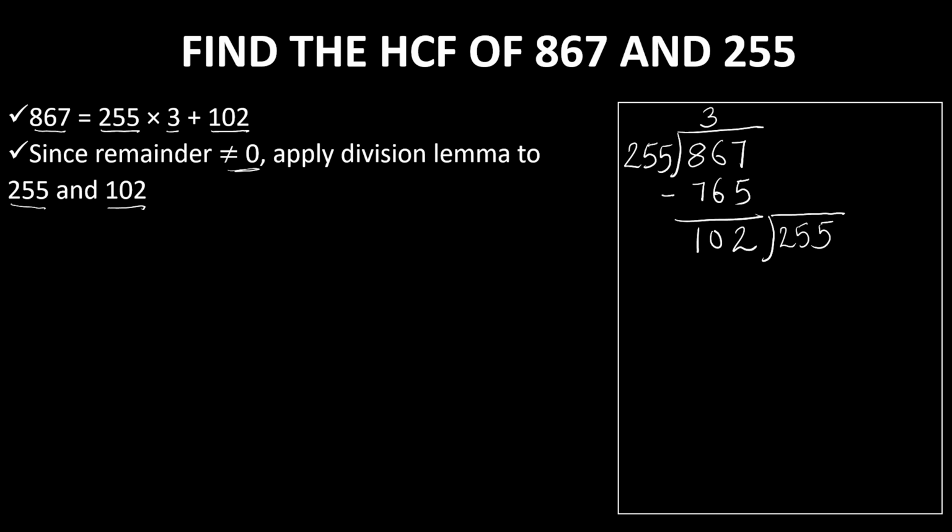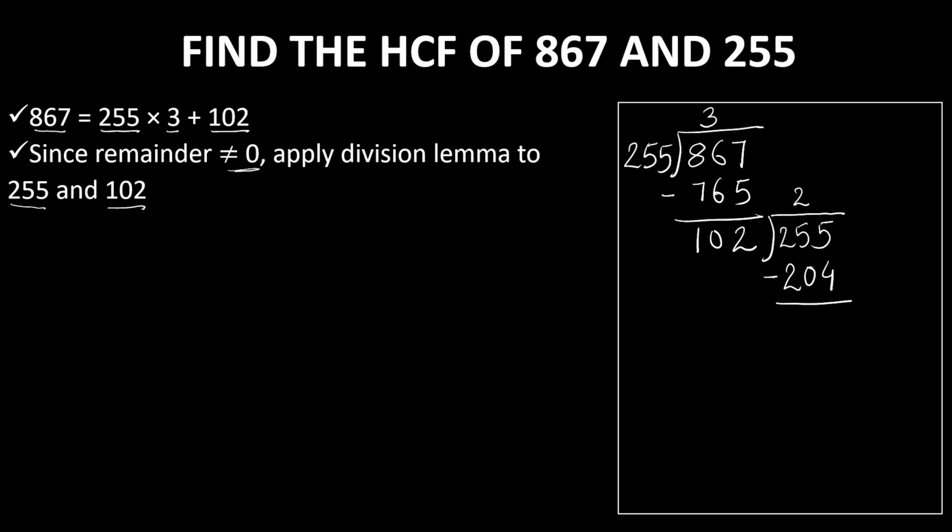So what do we do here generally? The remainder of the previous step, we consider it as our divisor in the next step. And the divisor of the previous step, we consider it as dividend in the next step. And this happens only when the remainder is not equal to 0. Now, multiplying 102 with 2 will give us a multiple 204, which is lesser than 255.